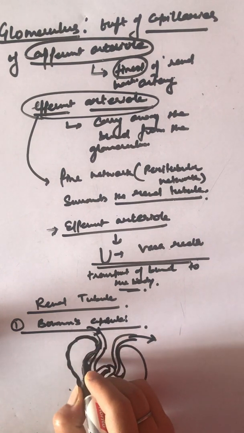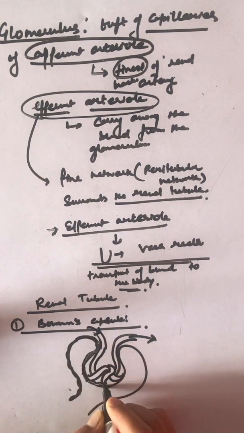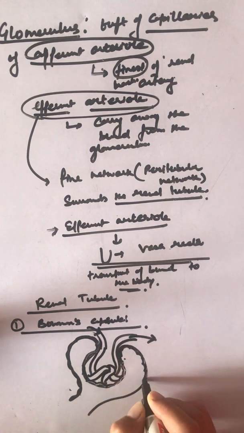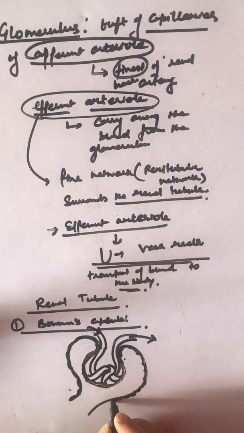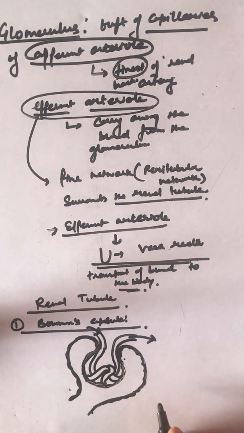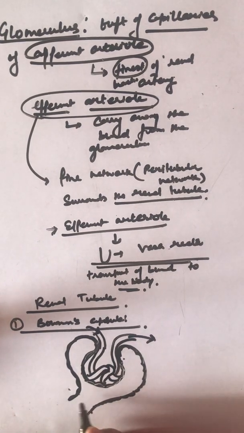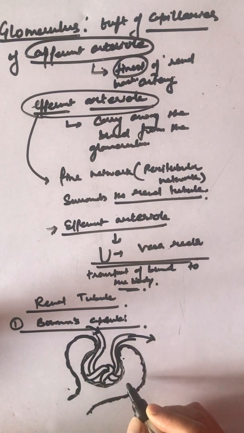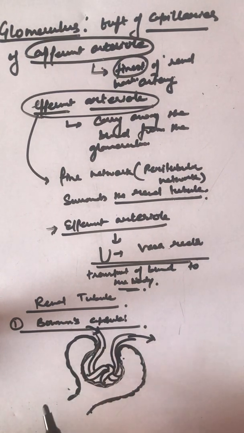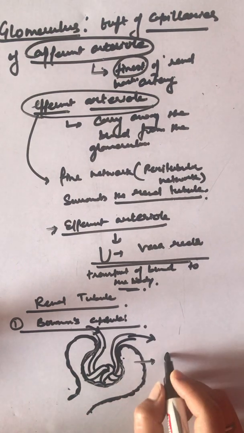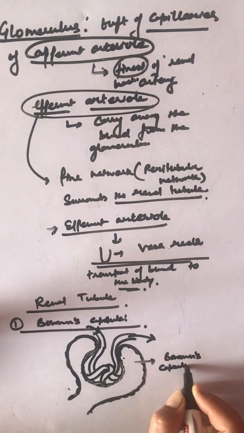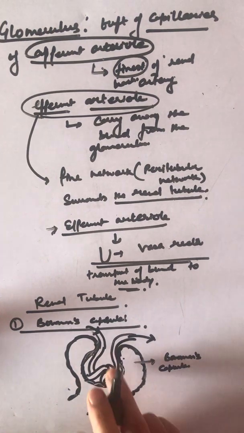One cell thick so as to show absorption of certain materials, whatever comes along with the blood, right? It is closed at the proximal end and is expanded and curved inward, forms a double-walled cup-shaped structure. This is known as Bowman's capsule, which encloses the glomerulus.